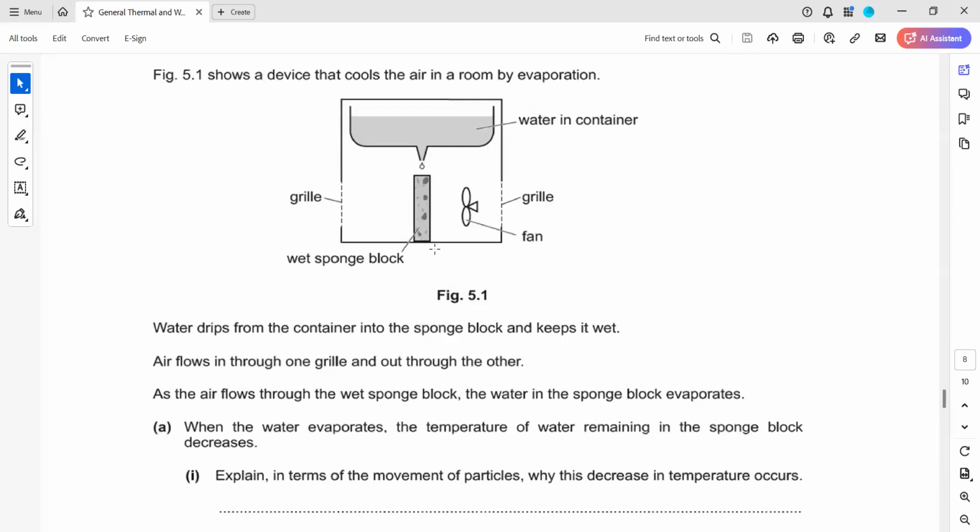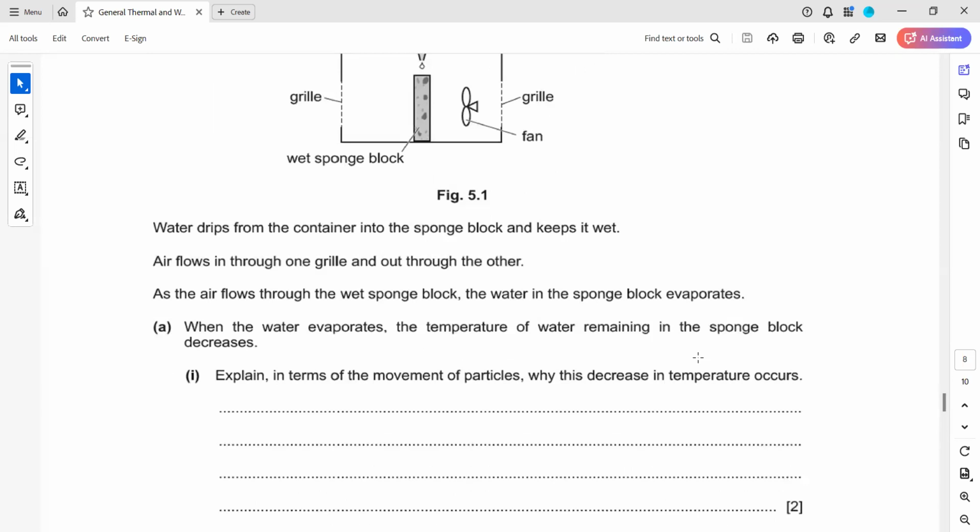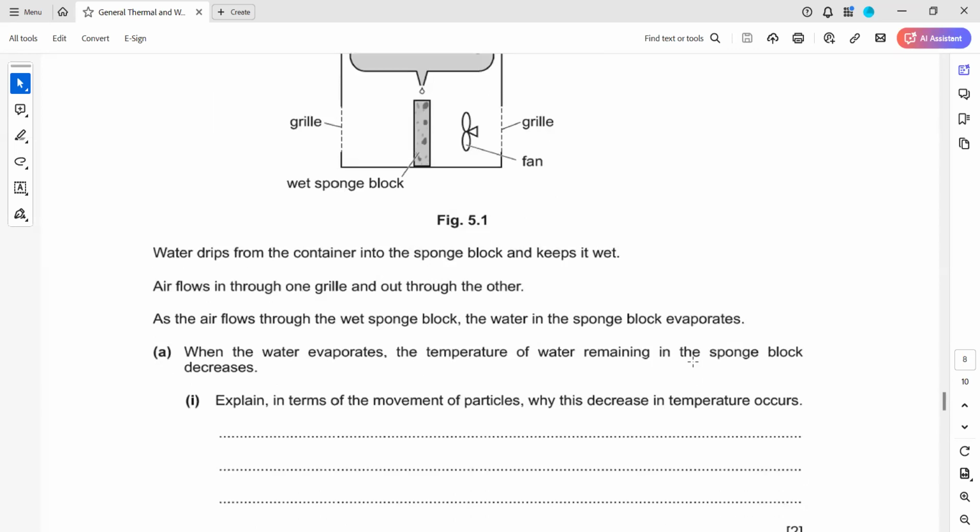Air flows through one grill and out through the other. As the air flows through the wet sponge, the water in the sponge block evaporates. When the water evaporates, the temperature of the water remaining in the sponge block decreases. Explain in terms of the movement of the particles why this decrease in temperature occurs.